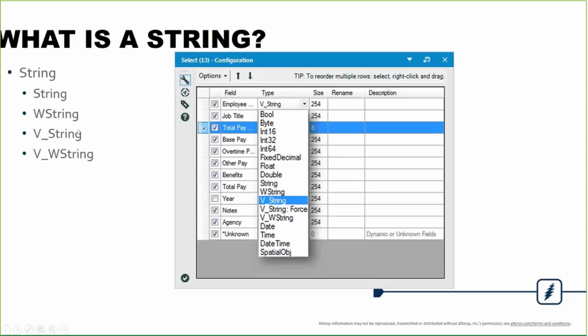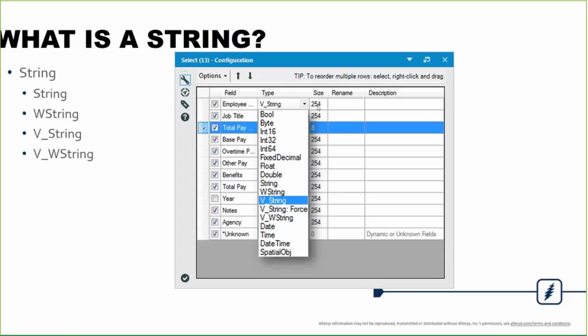So the two most basic ones for any English speaker are these two, string and v-string. String stands for a fixed string, and v is for variable string. So when I choose a v-string 254, what's really going to happen is variable takes length into effect.